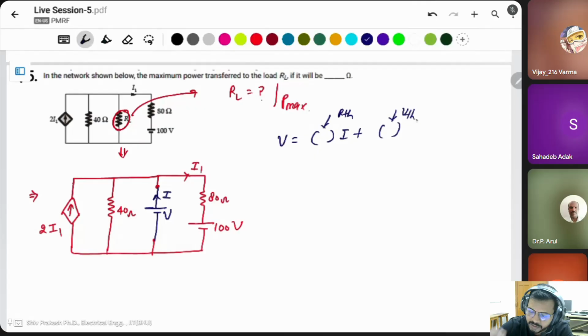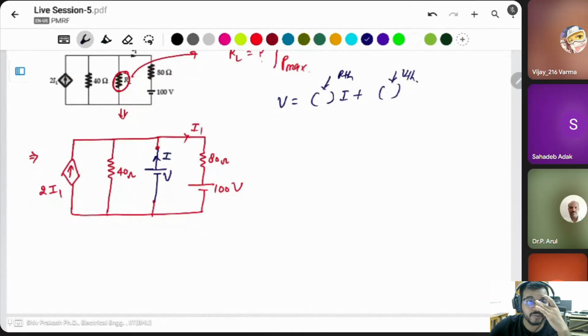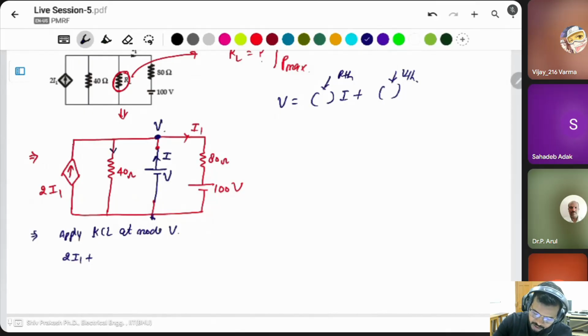This is the common voltage, V. Then apply KCL at node V. Incoming current is 2I1 plus the current I, taking incoming current as positive, minus the outgoing current, V by 40, minus this I1, is equal to 0.